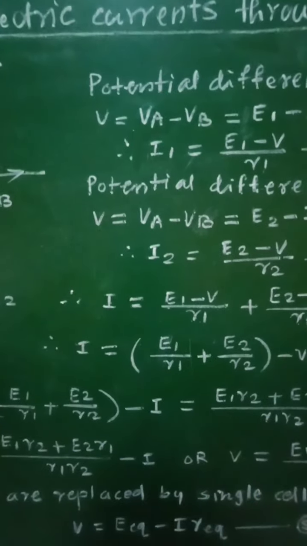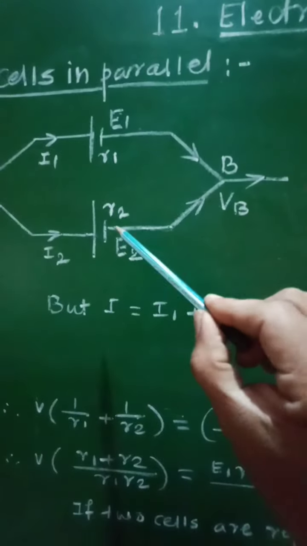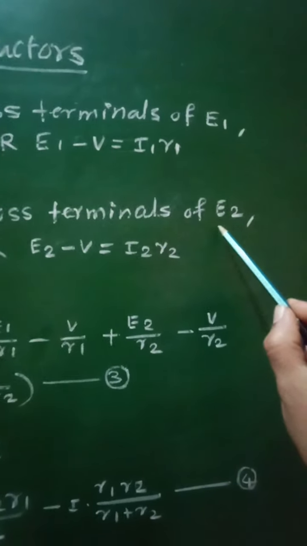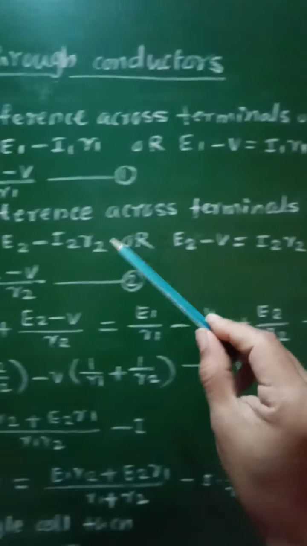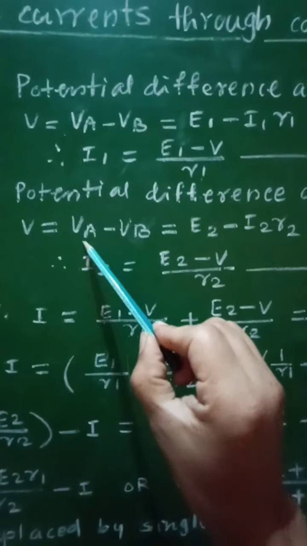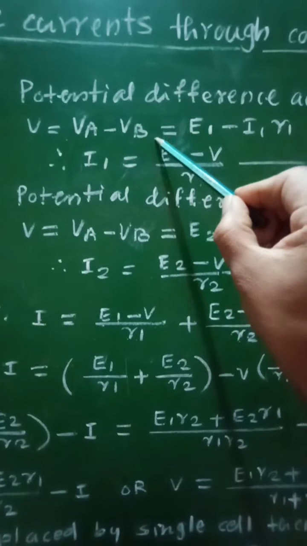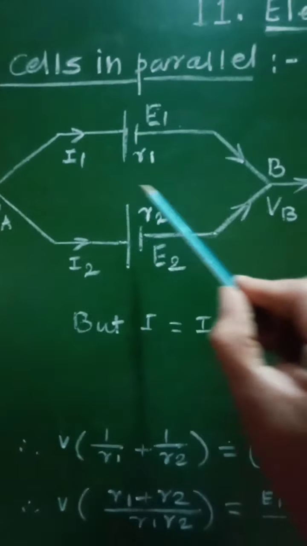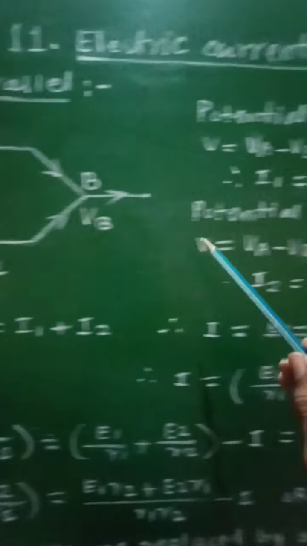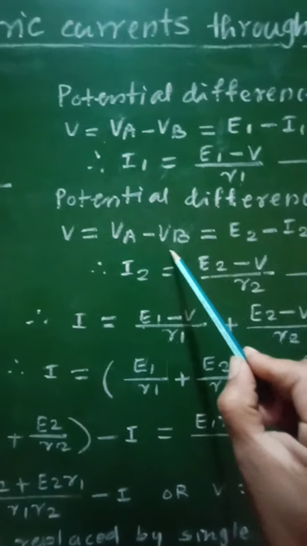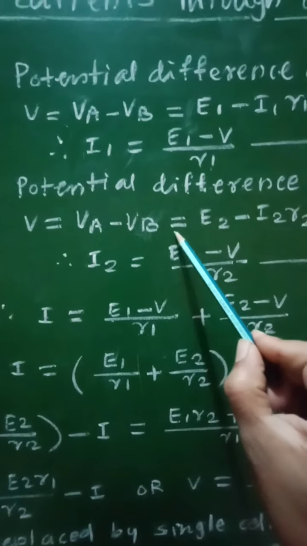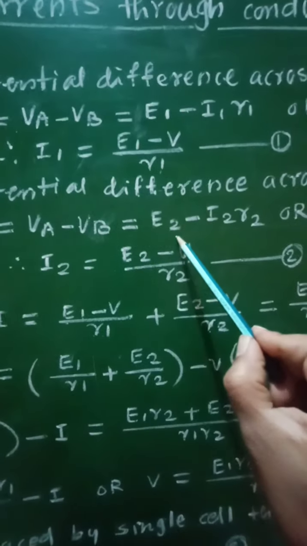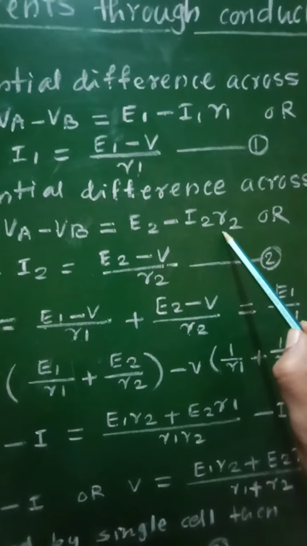Similarly, if you consider the second cell of EMF E2, then the potential difference across the terminals of cell E2 will be given as phi equal to phi A minus phi B, similar to that of the cell of EMF E1, because both these cells E1 and E2 are connected between two common points A and B. The values of phi A and phi B will be different because of the cell of EMF E2, and it will be phi equal to E2 minus I2 R2.